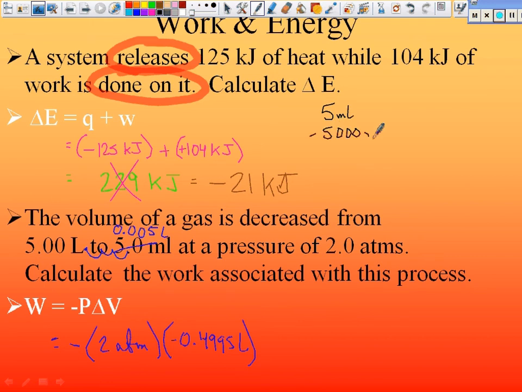That's final minus initial, right? Yeah. So what is it? Negative 4,995 milliliters, right? Which is 4.995 liters. Okay. Yeah, negative. So I wrote the number wrong. My bad.